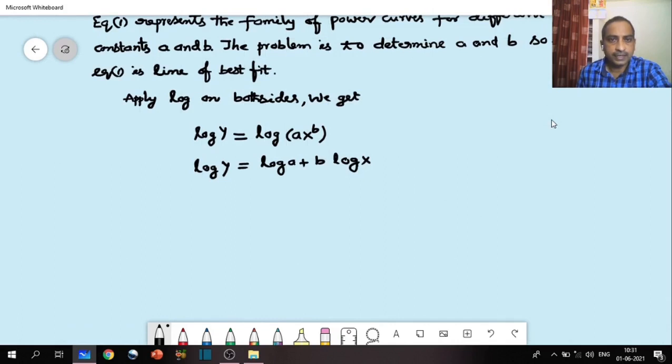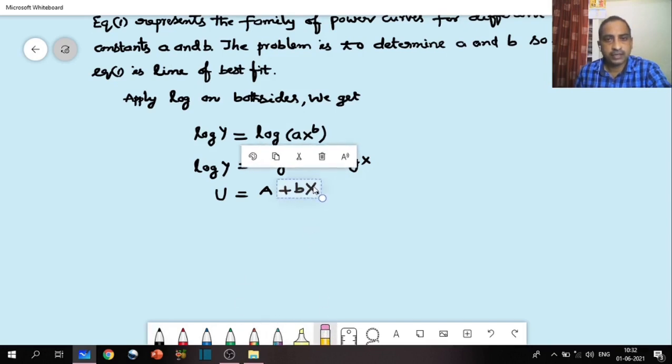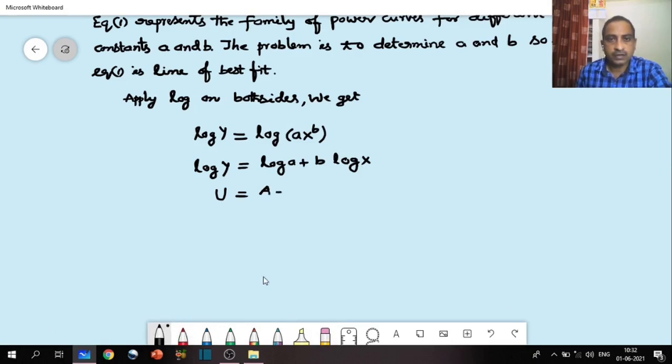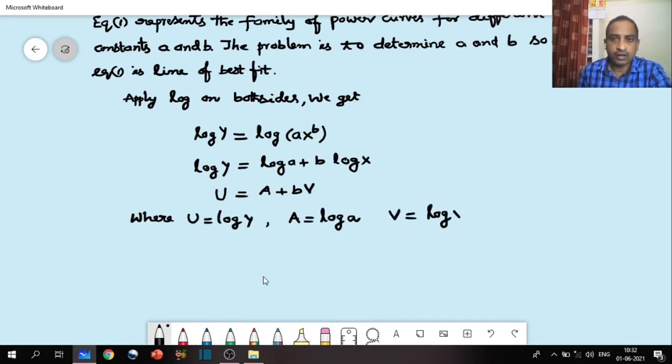Now I can write log y as u, log a as capital A, and log x as v. So it is better to write u equals A plus b v, where u equals log y, A equals log of small a, and v equals log x.